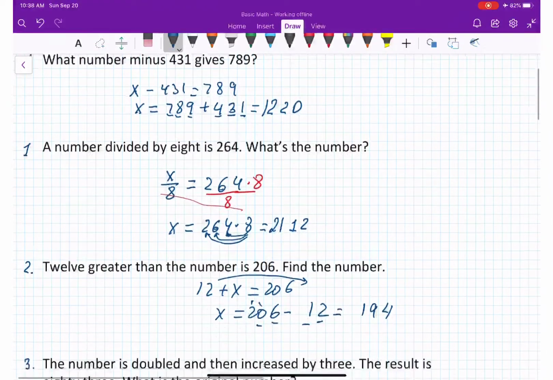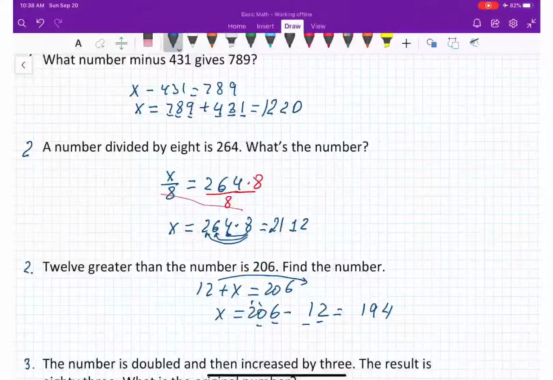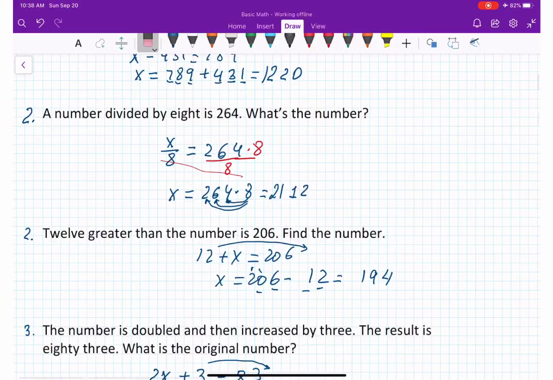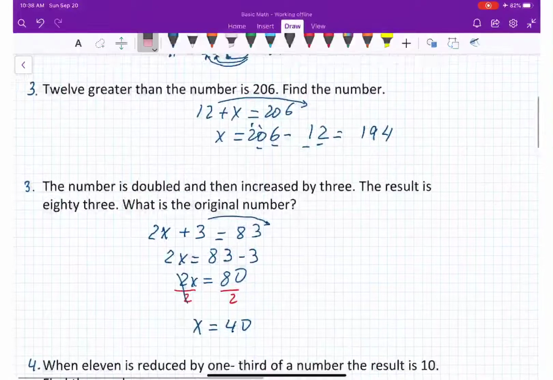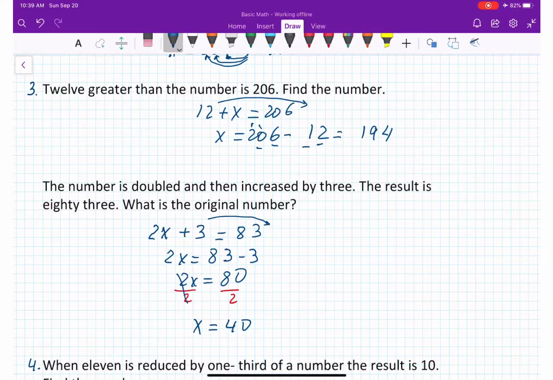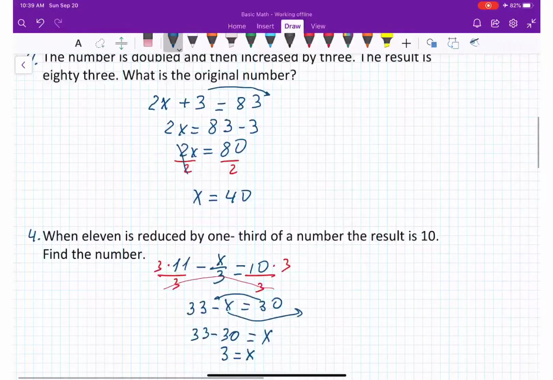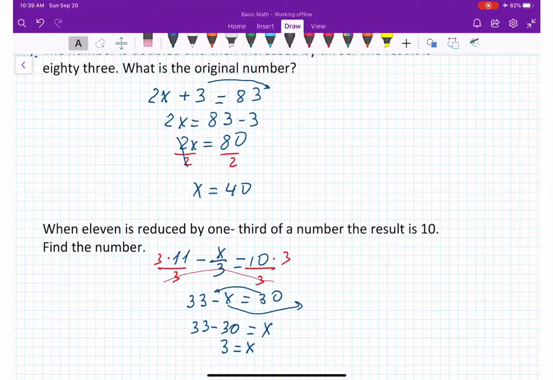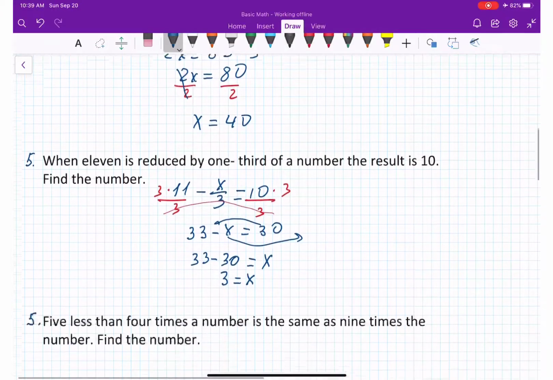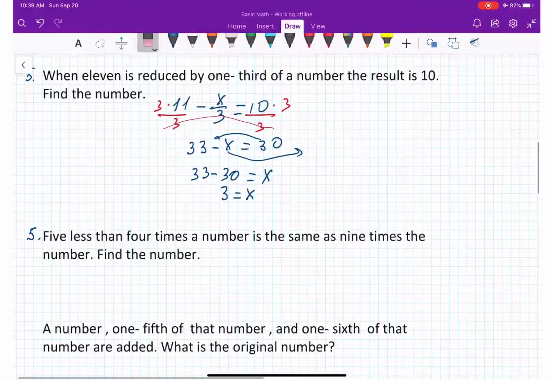Okay, 1, 2, 3, 4. And this is 5. Okay. We straightened up. Moving to 6.